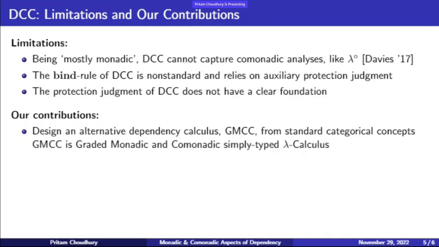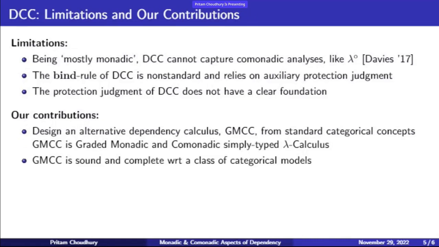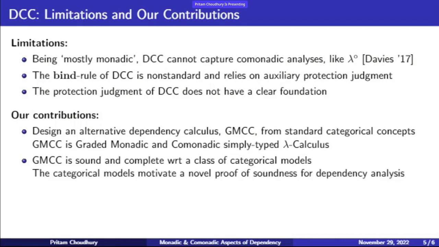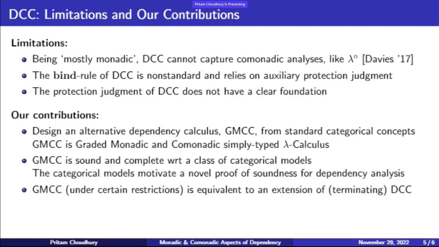GMCC is both monadic and comonadic. GMCC is sound and complete with respect to a class of categorical models. And the categorical models motivate a novel proof of soundness for dependency analysis. GMCC under certain restrictions is equivalent to an extension of the terminating fragment of DCC.